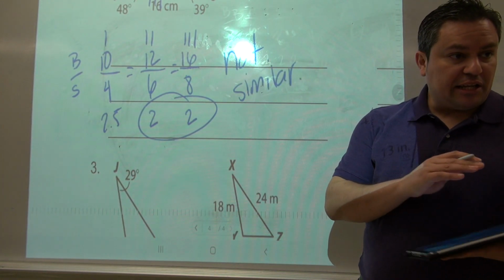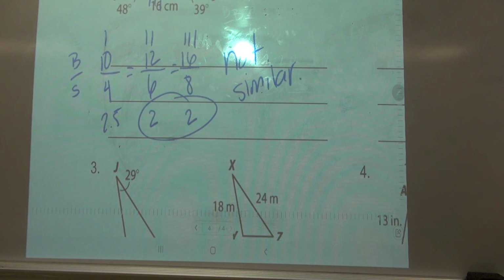I have a question. Yes, sir. Why don't you look at the shape itself? You can see this side is smaller than the other side. What do you mean? Look, the drawings might not be to proportion.